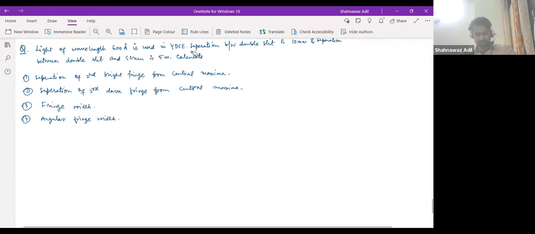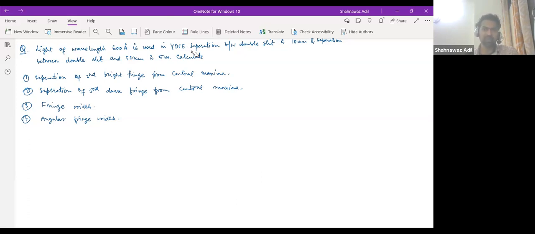Young's double slit experiment is for interference, and Young's single slit experiment is for diffraction, right? Whenever it is given Young's double slit, we have to remember that it is talking about interference.